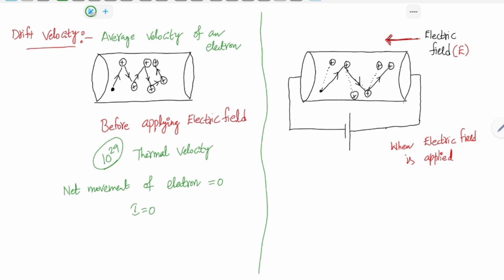Now consider the second situation where we have applied some electric field. Here you can observe in the second diagram, the direction of electric field is towards the right, because the battery terminals are given in such a way. Now we know that the electron movement is always against the electric field, so the electron tries to move in the direction opposite to the field.